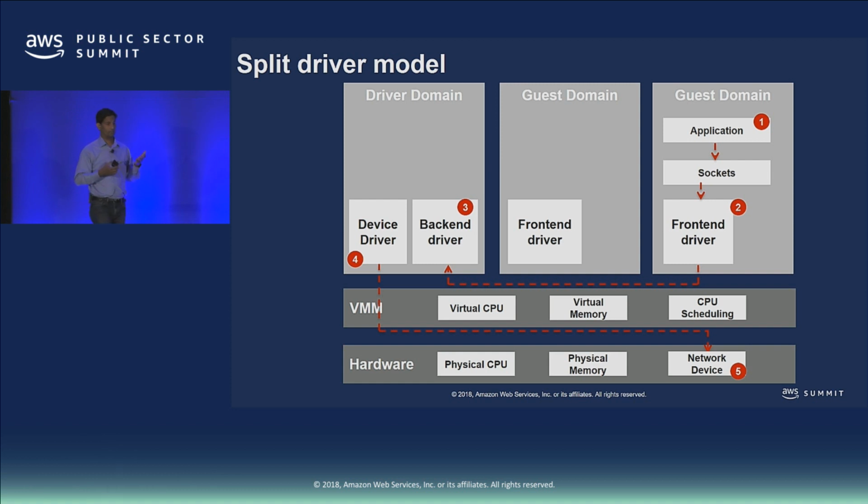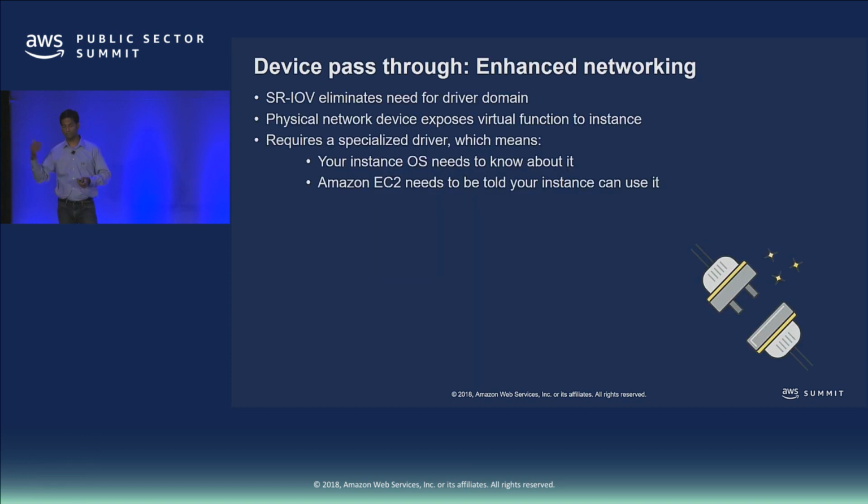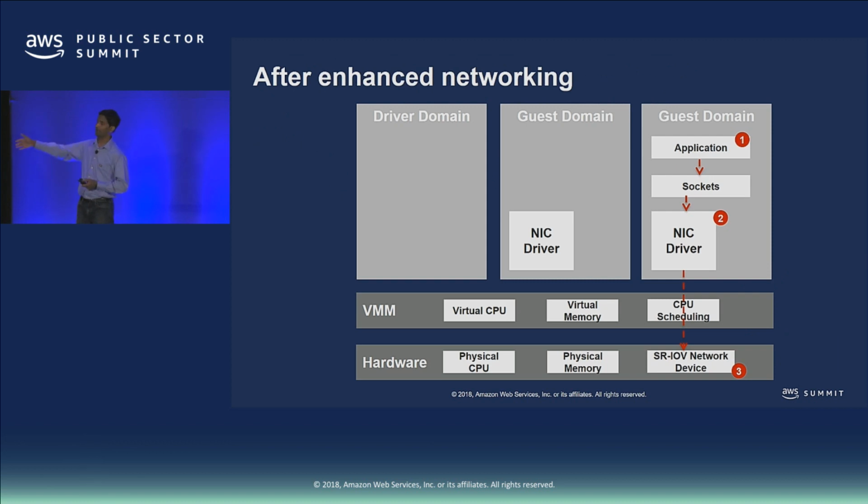And that hypervisor domain, the Dom0, interprets those hypercalls and talks to the network device. So this was the old school implementation. And then what we did with SR-IOV is we offloaded the driver domain, and this is how the hypercalls are now handled.